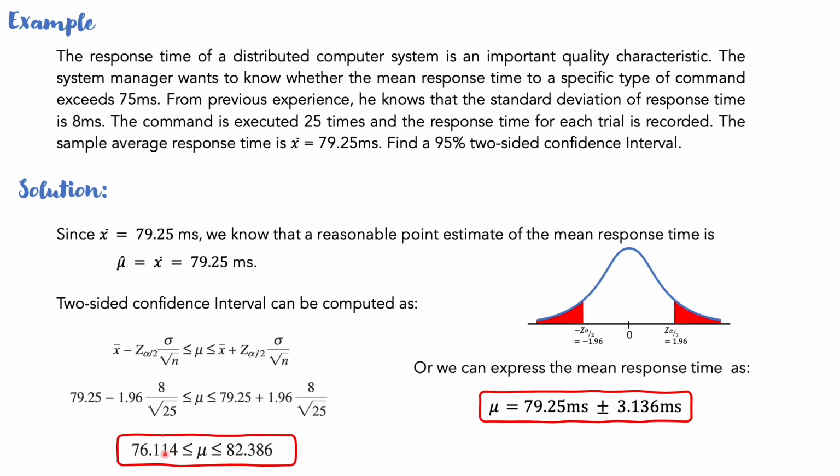So this one minus this one divided by 2, then we add plus and minus, because it is 3.136 on the left side and 3.136 on the right side. It can go to the left of 79.25 milliseconds, or towards the right or higher side, by 3.136 milliseconds.